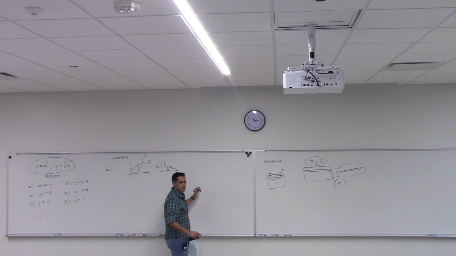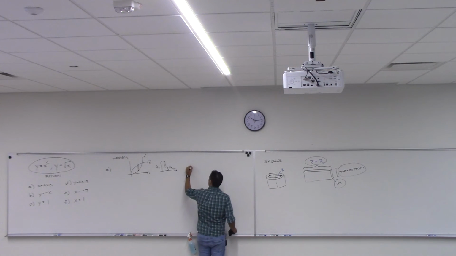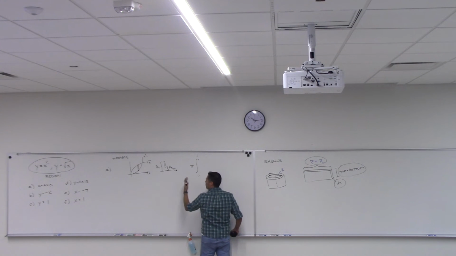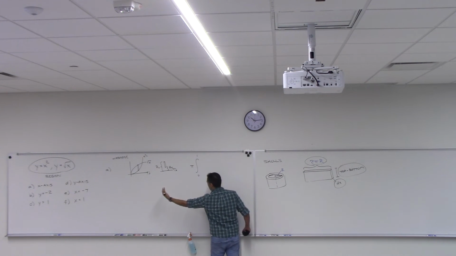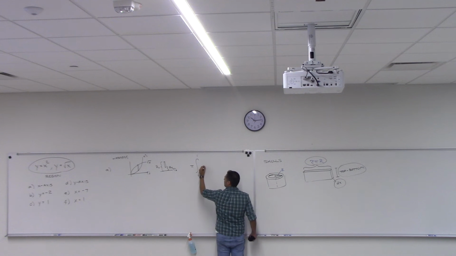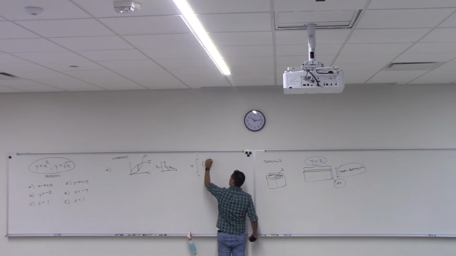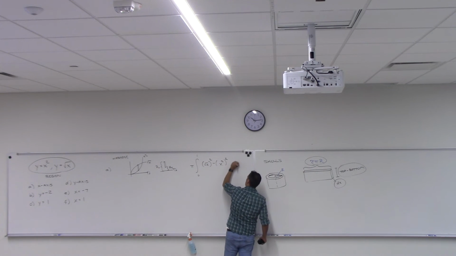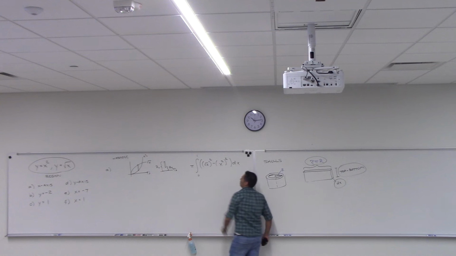Any questions? Volume will be equal to pi, integral from 0 to 1. That will move my rectangle from the left edge to the right edge. Then it's the outer radius, which you said was the square root of x, squared, minus the inner radius, which you said was x squared, that squared, and then dx. There it is.